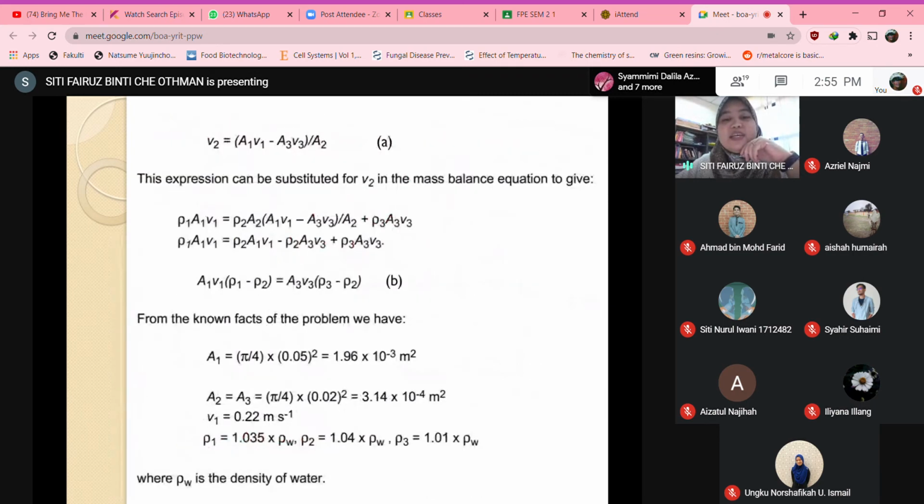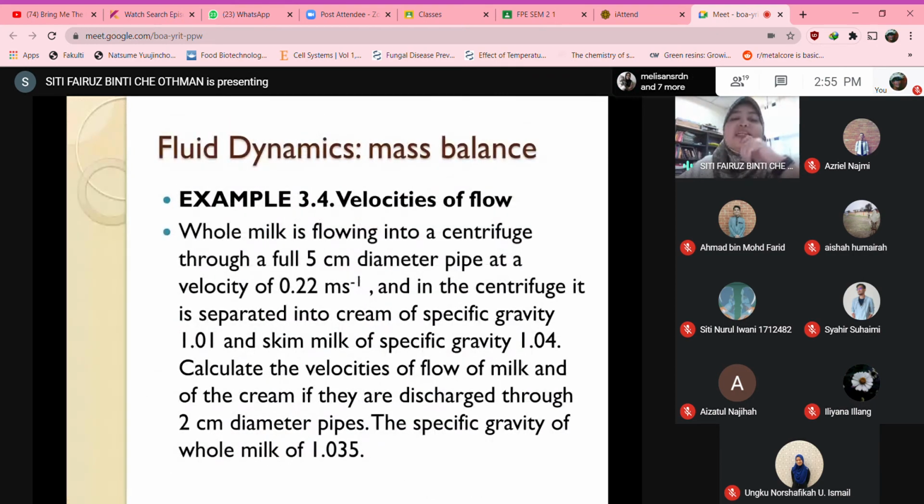Alright, for example, here, okay, whole milk is flowing into a centrifuge through a full 5 centimeter. Perasan tak dia guna centimeter? So if you want to solve for this problem, the first thing that you need to do is to convert the centimeter into meter. Alright, and gives you the velocity, okay, in the centrifuge separated into cream of specific gravity 1.01 and skim milk into 1.04.